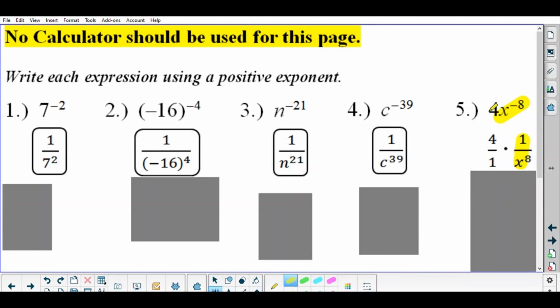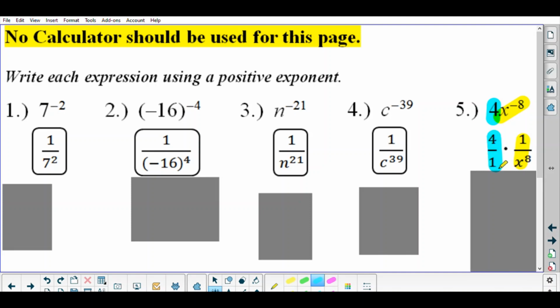So what do I do with the 4? The 4, like I already said, is not being taken to the negative 8th power. But notice the x to the negative 8 ends up becoming a fraction, 1 over x to the 8th. So as you remember earlier, it's kind of nice to have a fraction times a fraction. 4 written as a fraction is the same as 4 over 1. That is true with any whole number.